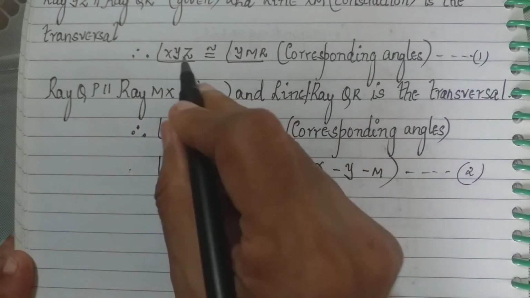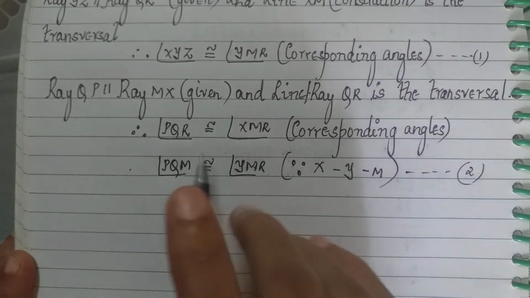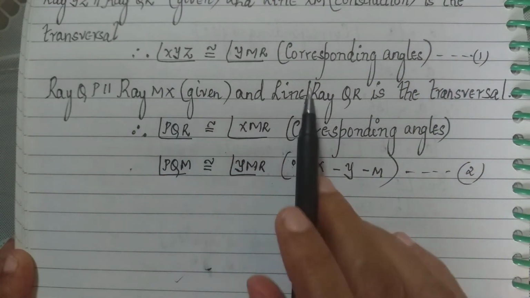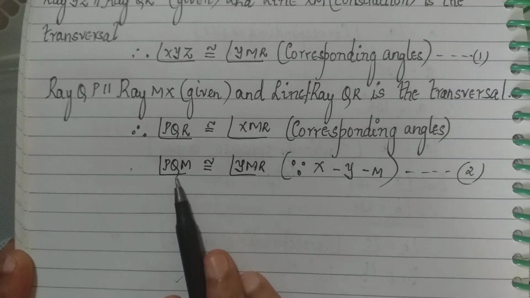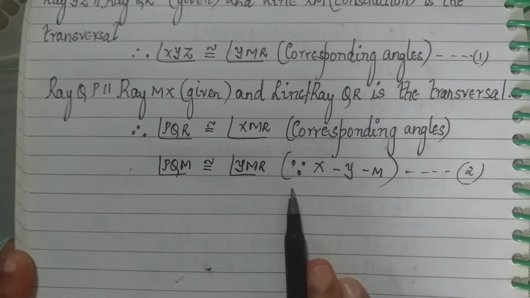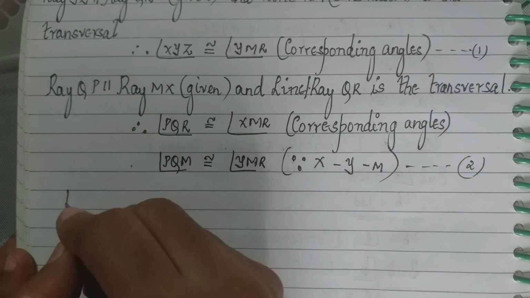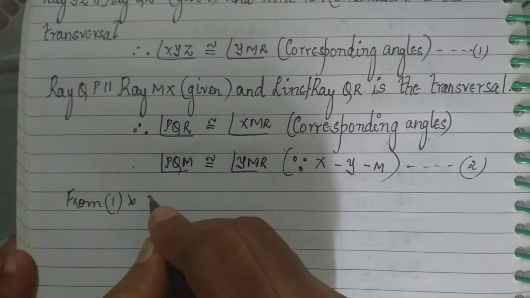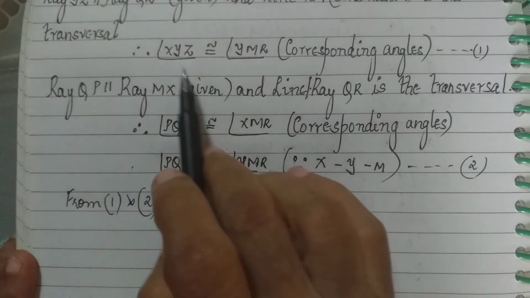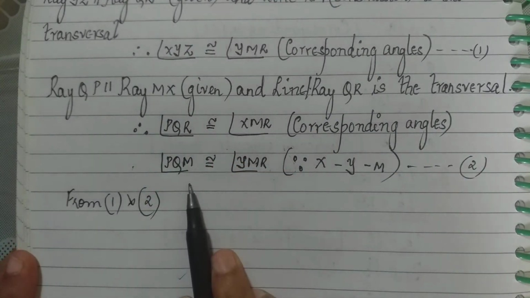Now from this 1 and from this 2. From 1 I said angle XYZ is congruent to angle YMR. In second I said angle PQM is congruent to angle YMR. Therefore from 1 and 2, what can I say? From 1 and 2, I can say that this angle XYZ is congruent to angle PQM.